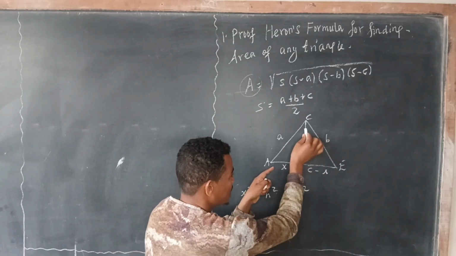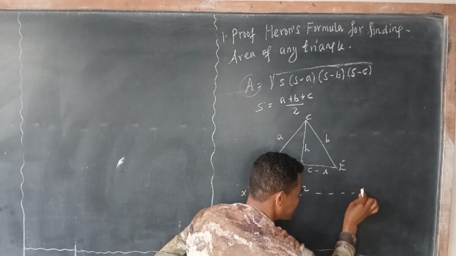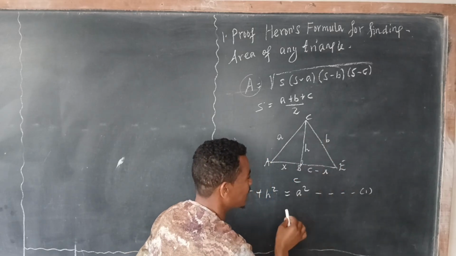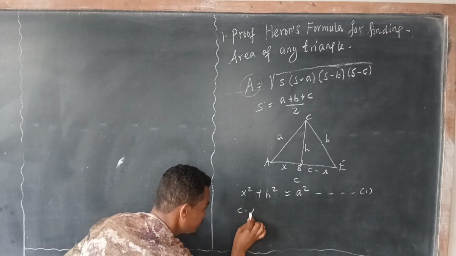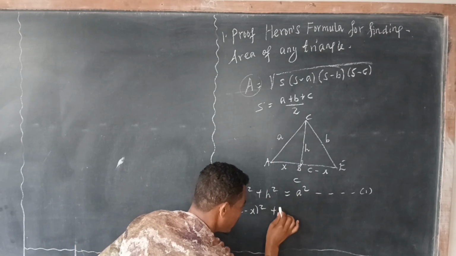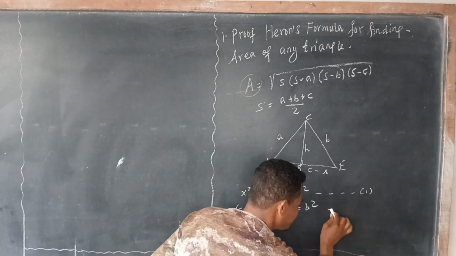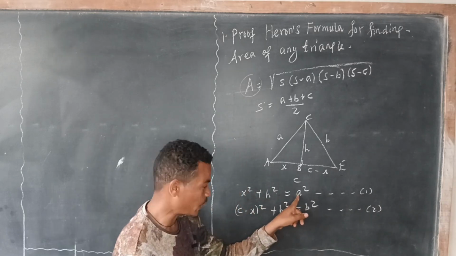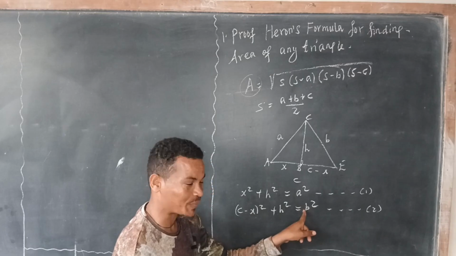Consider this as equation one. And when we consider the other triangle, it's a right angle triangle: (c minus x) the whole square plus h square is equal to b square.